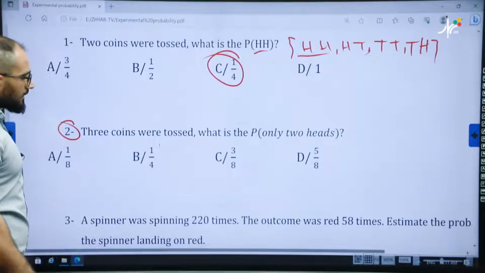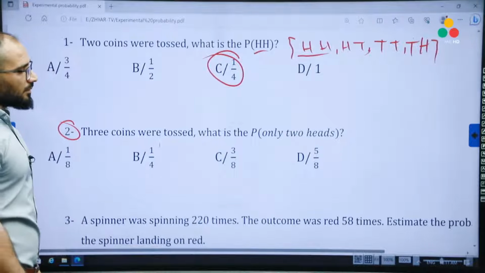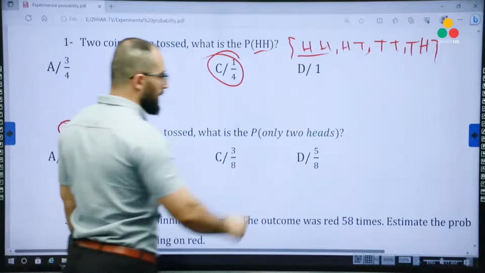Question 2, it says 3 coins were tossed. What is the probability of only 2 heads?